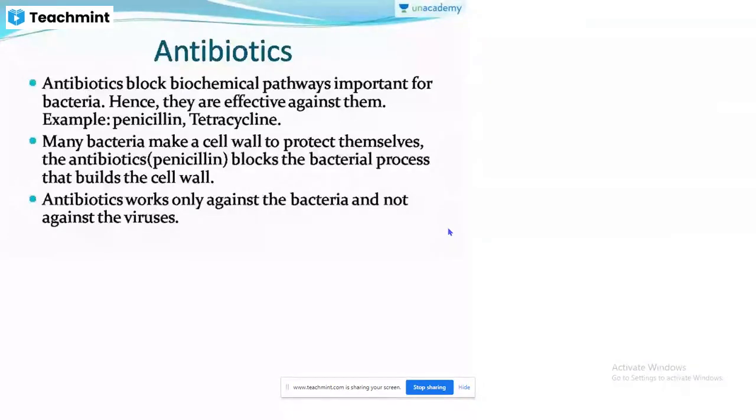So it is a chemical substance. An antibiotic is a chemical compound derived from or produced by living organisms, which is capable, in small concentrations, of inhibiting the life process of other microorganisms.